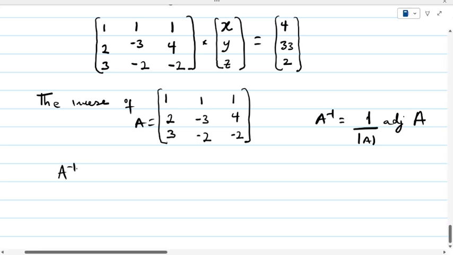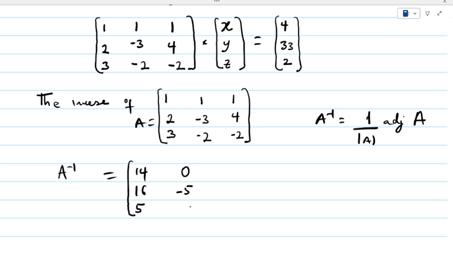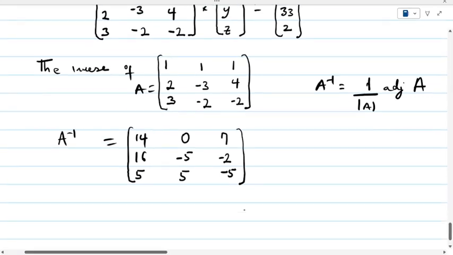So the inverse of A is given as 14, 16, 5, 0, minus 5, 5, 7, minus 2, minus 5. Check our previous video and you'll be able to get this.